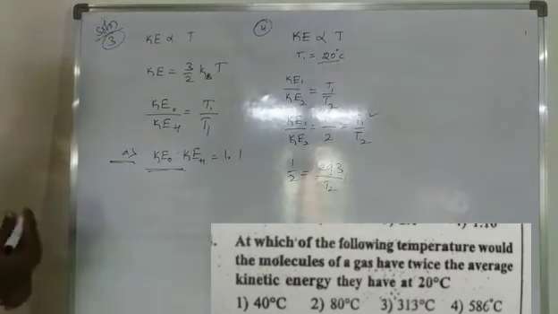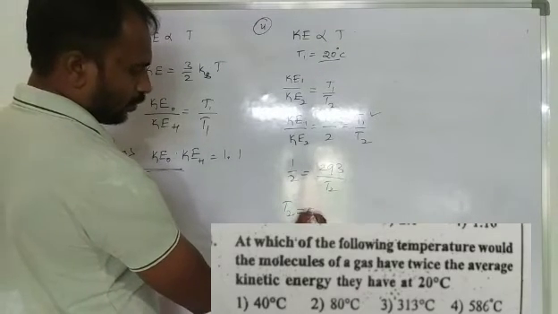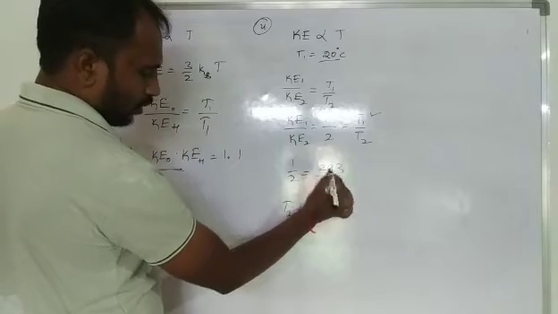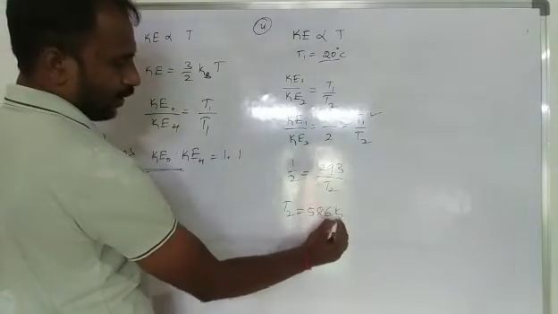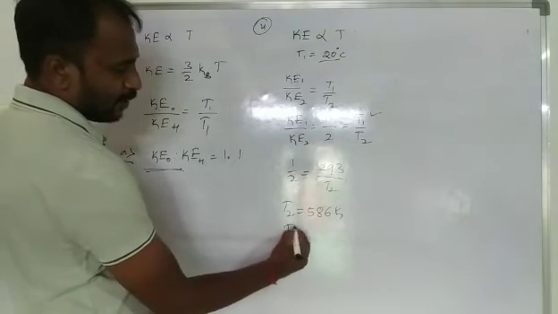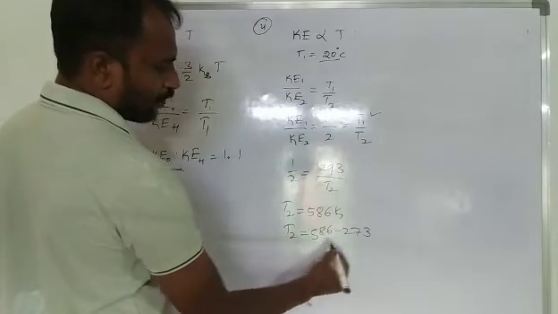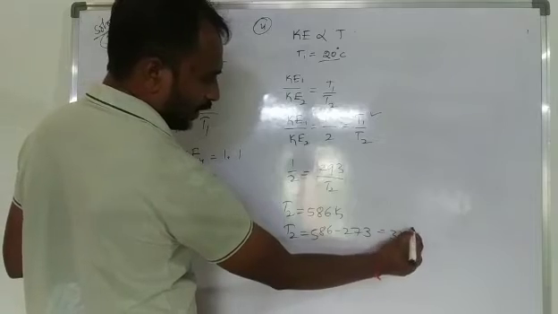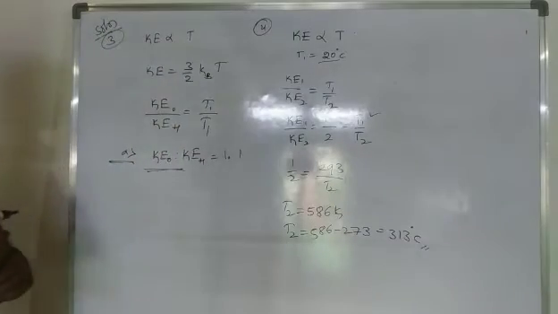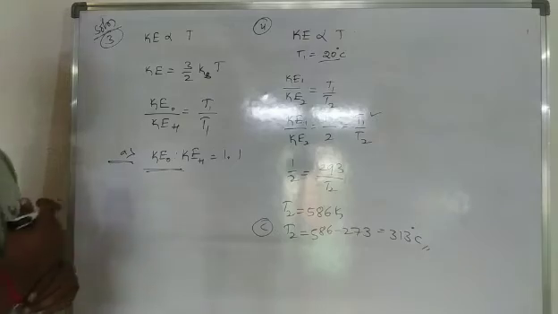After simplification we get T2 is equal to 586 Kelvin. Converting to degrees Celsius, T2 is equal to 586 minus 273, so finally we get 313 degrees Celsius. So option C, or option third, is the correct one.